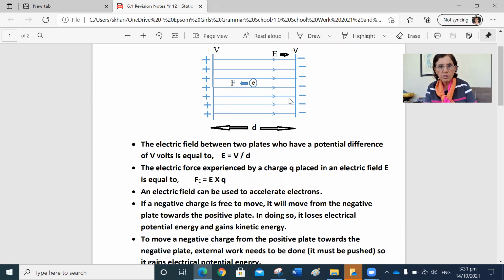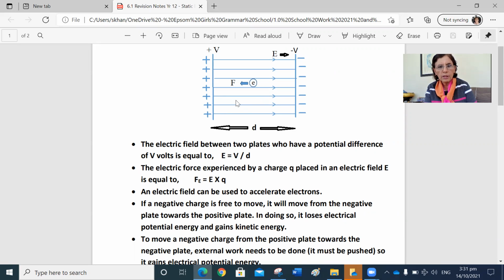If a positive charge is held here, you don't have to apply force. But if a positive charge is over here, then to move it from here to there, you will have to apply some force. In doing so, it will gain electrical potential energy.